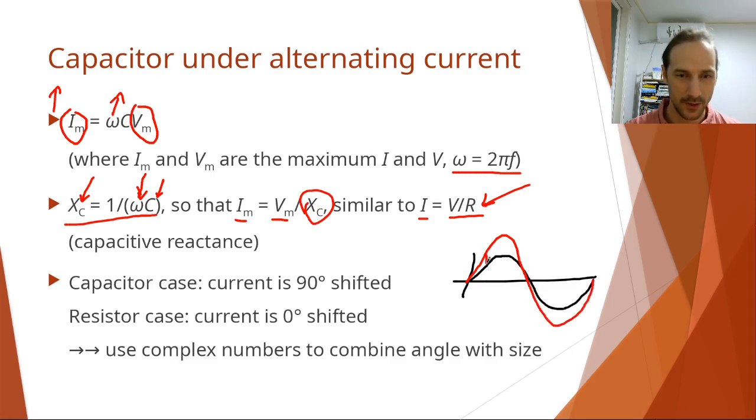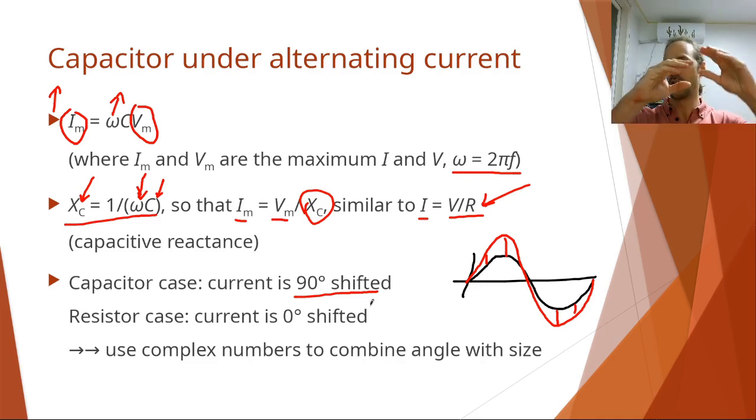So at every point, the ratio between the current and the voltage is described by this equation. So it's 0 degrees shifted. It's going up together. In the capacitor case, this equation is only valid for the maximums, and there is a 90 degrees shift.